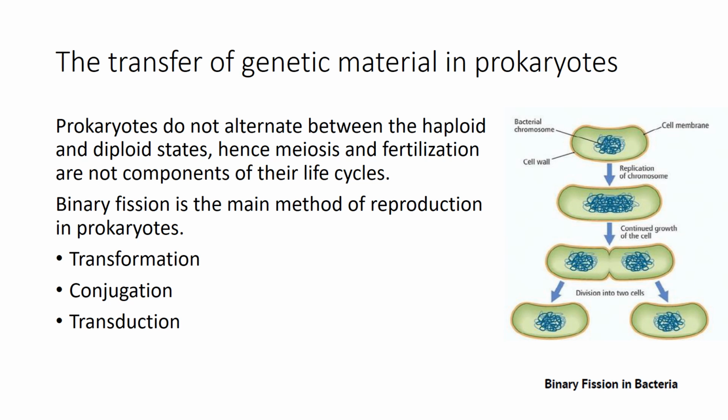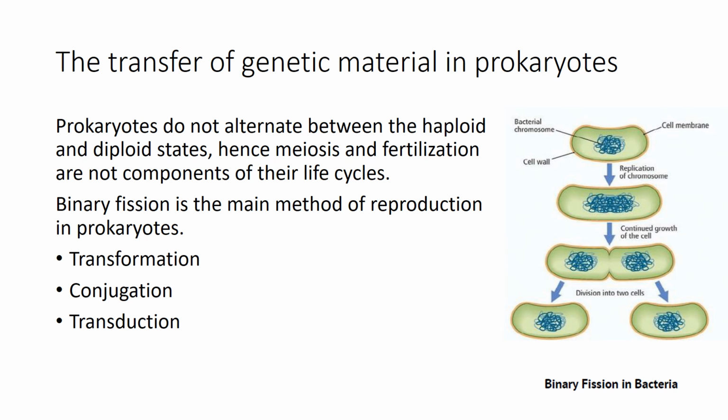This transfer of genetic material is done by binary fission, as shown on the right side of the slide. And here you see that the bacterial chromosome, there's no nucleus, is present in a bacteria. The replication takes place of this chromosome and the mother cell pinches off into daughter cells and divides into two cells.